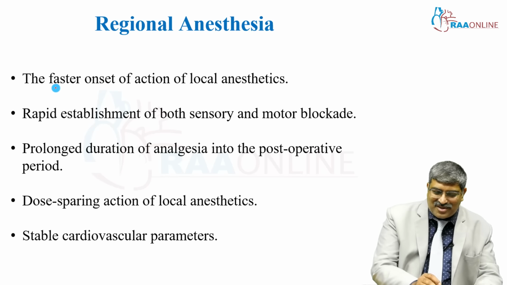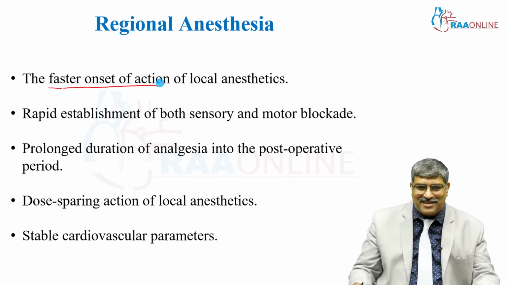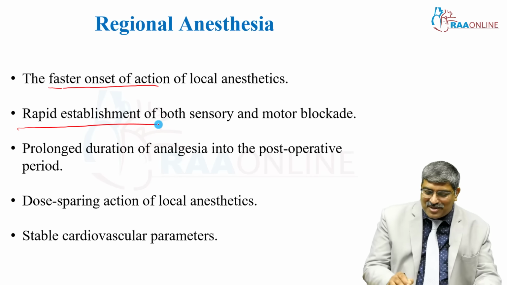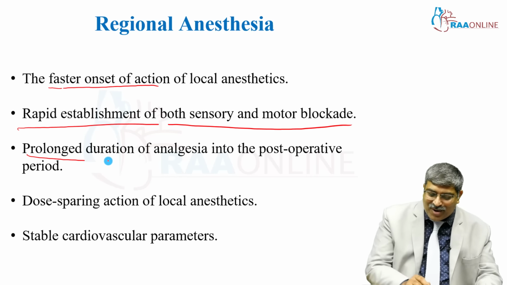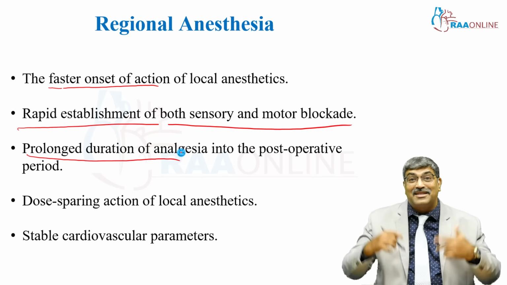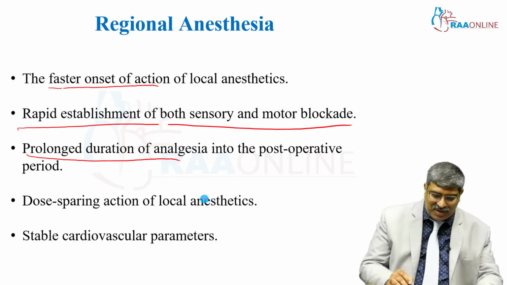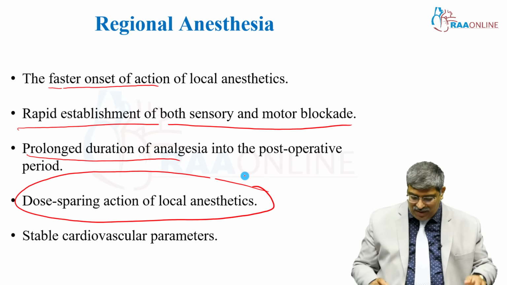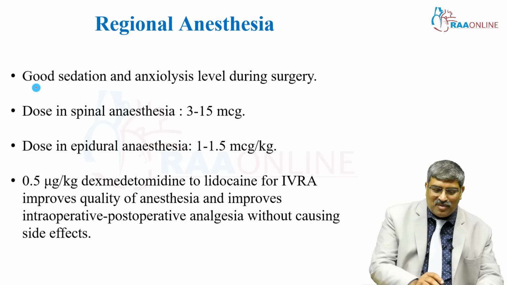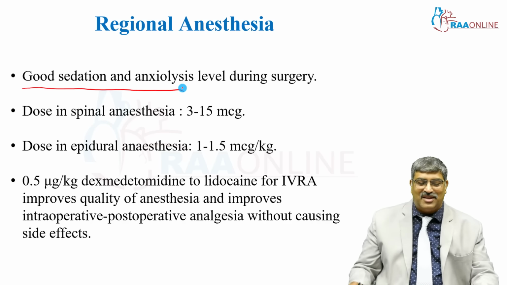The first and foremost is faster onset of action, rapid establishment of both sensory and motor blockade, prolonged duration of analgesia extending into the post-operative period, and the dose of local anesthetic is coming down, stable cardiovascular parameter, provides good sedation and anxiolysis.